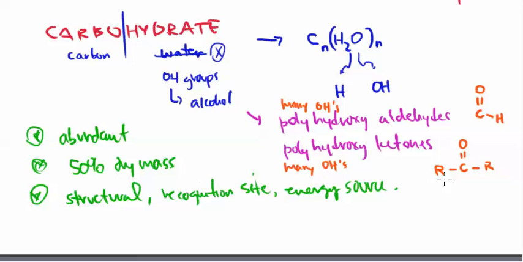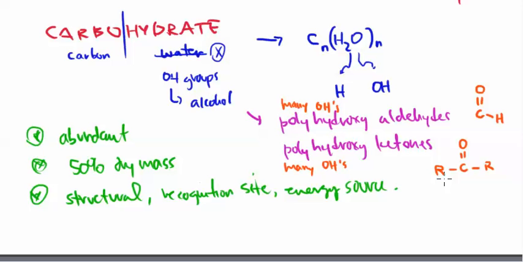Again, if you don't know what the aldehyde functional group and the ketone functional group are, you are probably going to be in trouble this semester. I would heavily encourage you to go back and review some of these basic organic chemistry topics, so that you can be more prepared when the more complicated organic chemistry comes around with the carbohydrates.